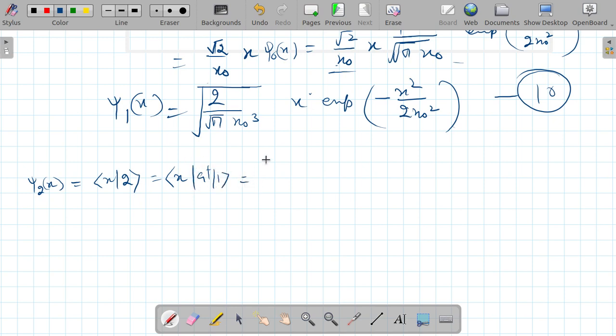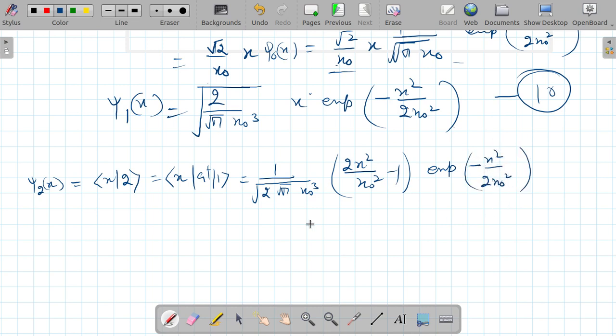It comes out to be 1 over root of 2 root pi x naught cube, times 2x square over x naught square minus 1, exponential of minus x square over 2 x naught square.